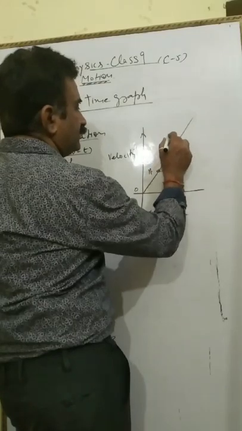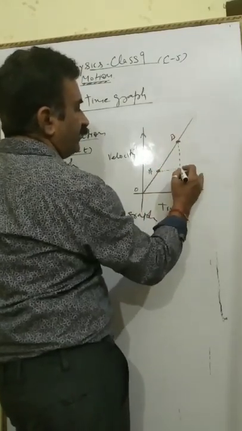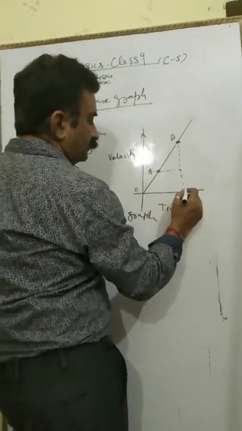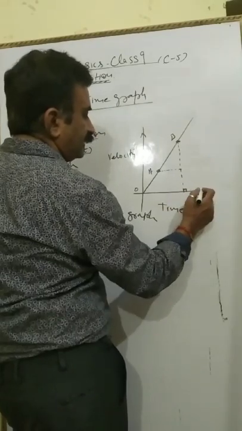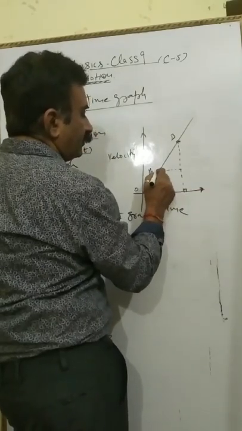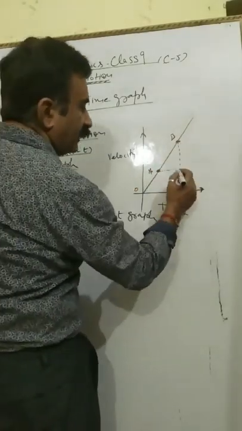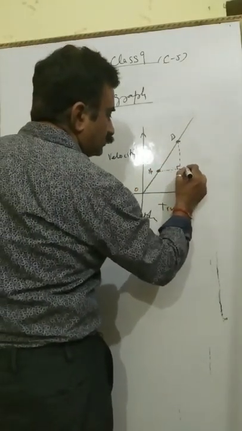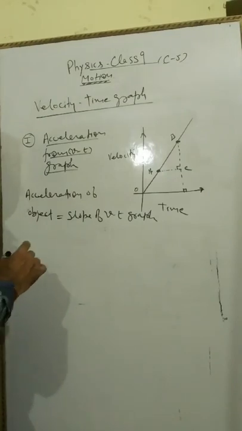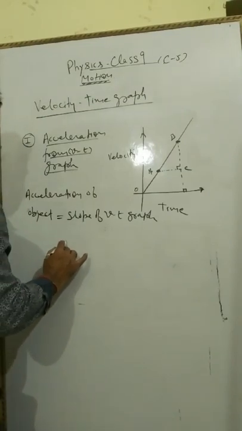Similarly, I select 2 points A and B on the VT graph, with a perpendicular on the time axis, and one perpendicular from the point A on this line. How do we get the slope?